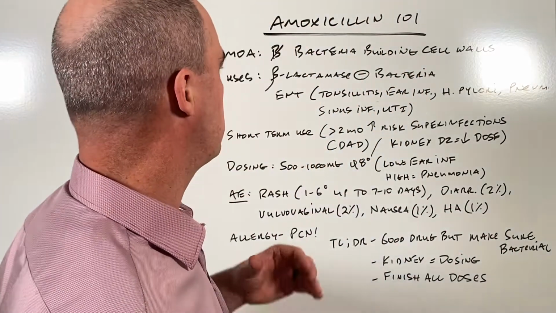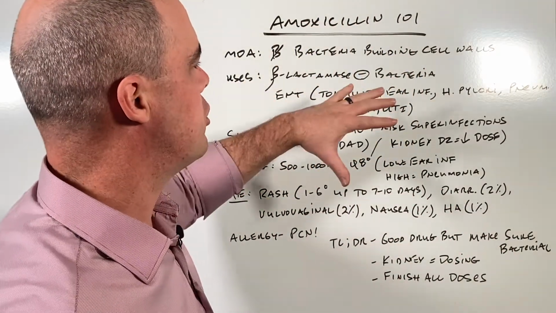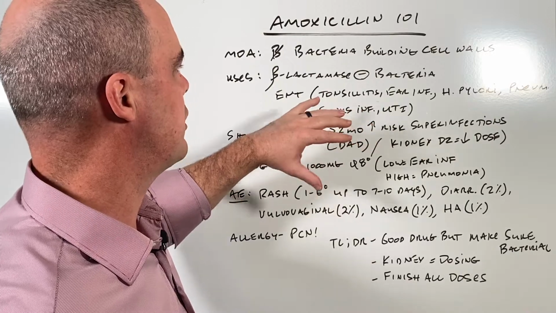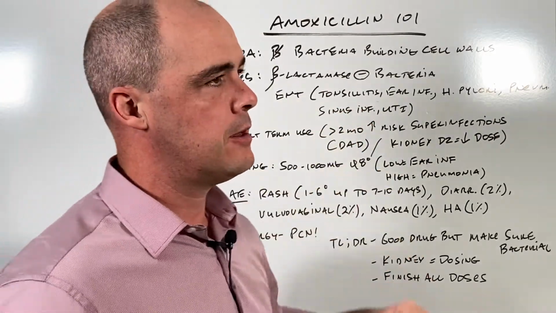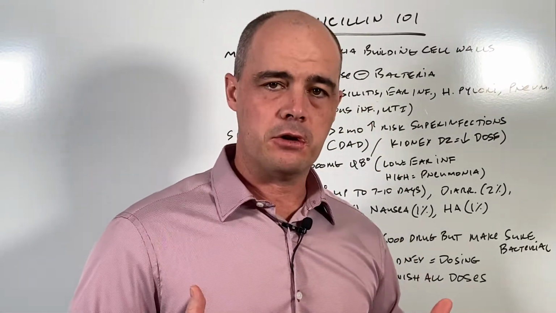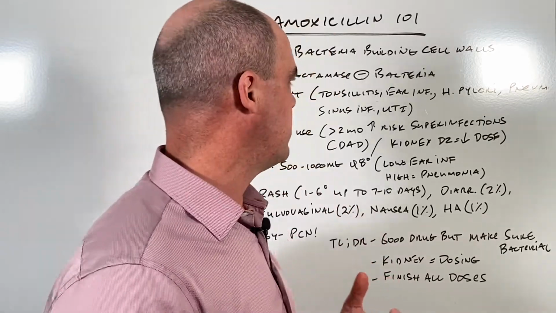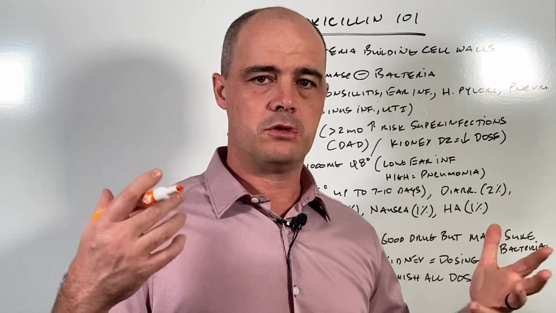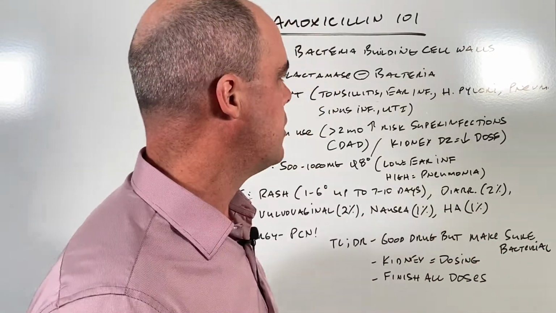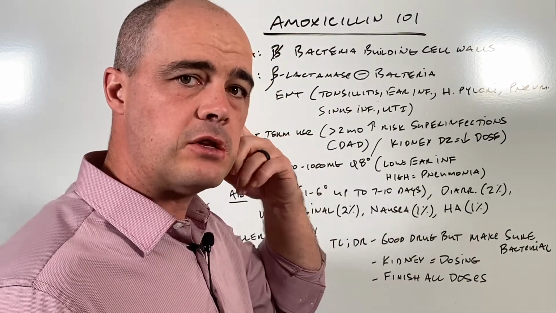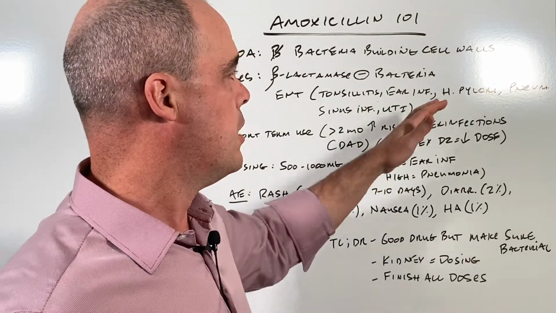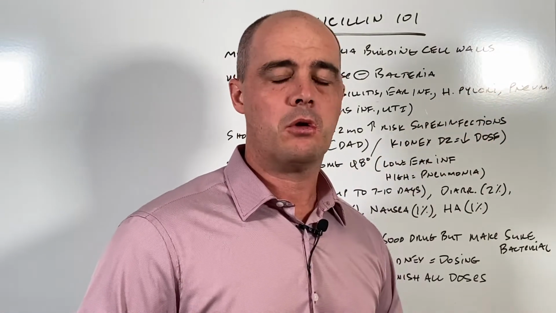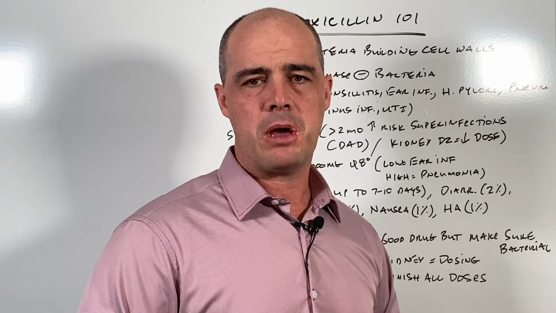So you're going to tend to see amoxicillin used to treat a fair number of ear, nose, and throat infections. It could be anything from tonsillitis to otitis media, which is a common ear infection. Those are usually beta-lactamase negative bacteria. We can use it in H. pylori. I talked about that in the omeprazole video.